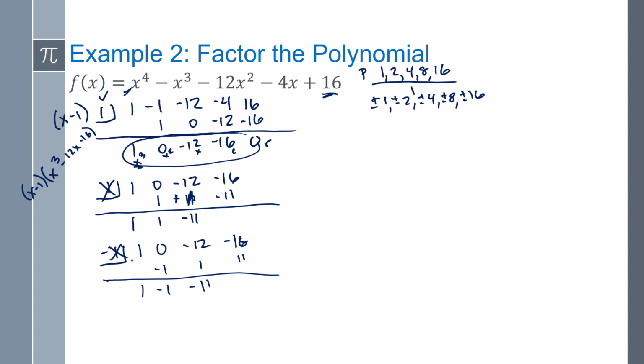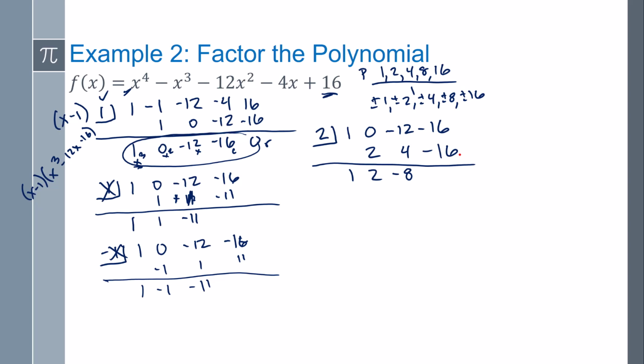Let's try 2. So right now my coefficients, 1, 0, negative 12, and negative 16. Add straight down, multiply, add straight down, multiply, add straight down, multiply. I feel like that's so close.